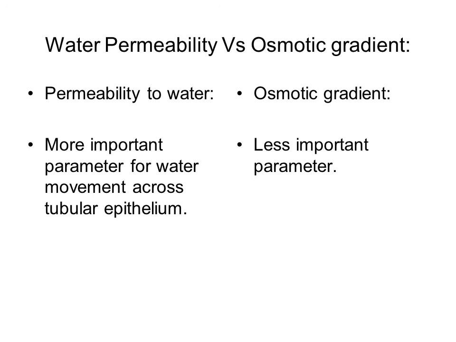Water permeability in the last part of the tubules, which is the distal tubules, collecting tubules and collecting ducts, can be high or low depending on the presence or absence of ADH. So a more important parameter for movement of water across the tubular epithelium is permeability to water and not the osmotic gradient.